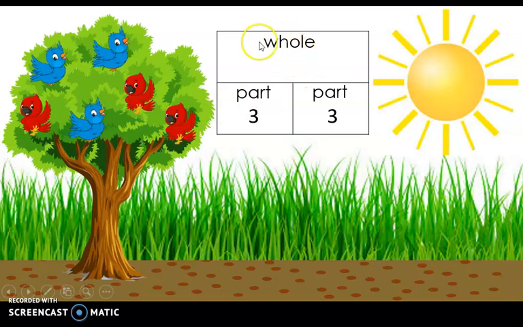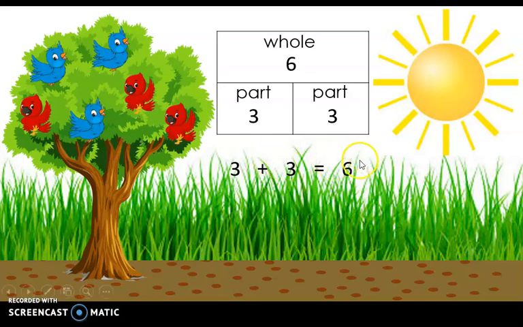So my whole tree has 6. That would be part, part, whole. Or if I were to write that as an equation, 3 plus 3 equals my sum, which is 6. Excellent. Thumbs up if you get it even better now.